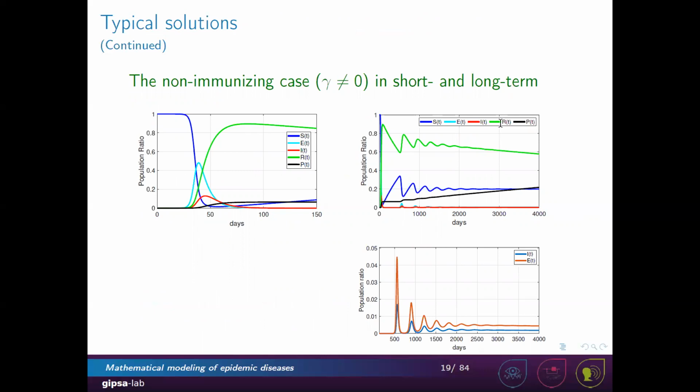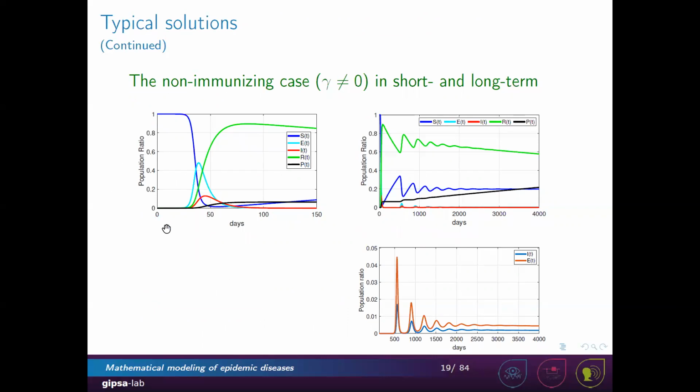In the first example, we are considering the non-immunizing case of the model that I just showed you. In this case, we have assumed that gamma is not 0, which means that people go back from the recovered group to the group of susceptibles.